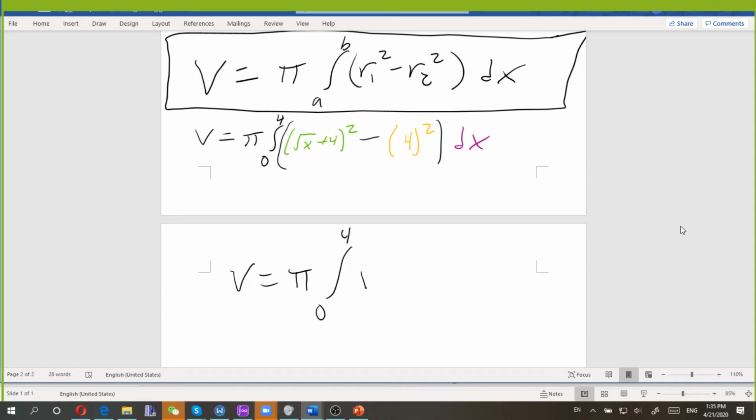X plus 16 minus 16. 0. Yeah. I need one more term here, I think. Yeah, right. Okay, the minus 16 we got from the other side. Okay, so what's my middle term, though? 8 x. 8 root x, okay?